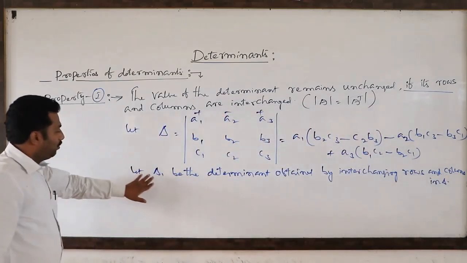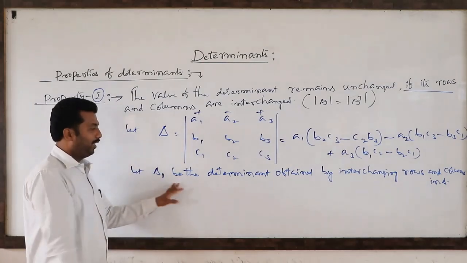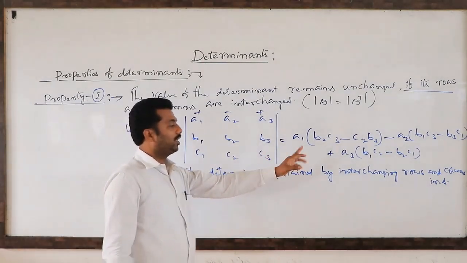So what is delta 1? This is the determinant obtained by interchanging rows and columns in delta.